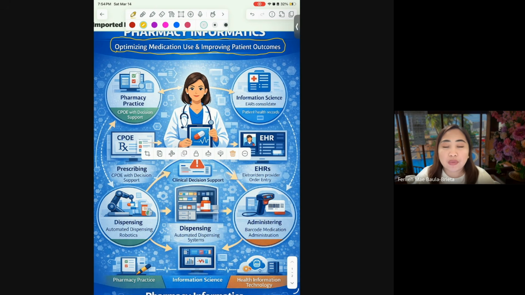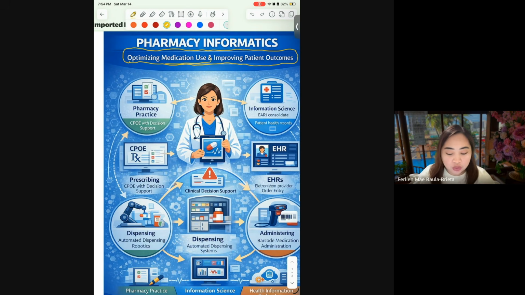Our pharmacy informatics will be a great support for clinical decision making, enabling us to be efficient in the collection of data, analysis of our data, and the interpretation of medication-related data.